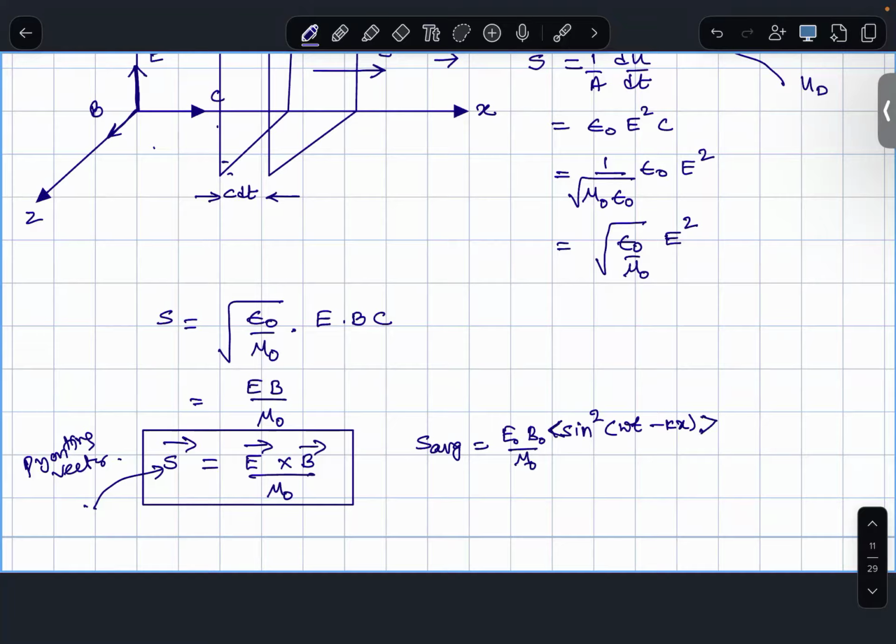The average value of that function is 1 by 2. So this can be further written as ERMS BRMS by mu naught.